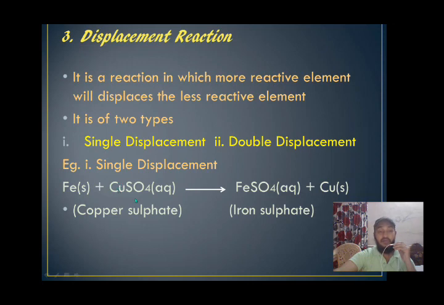It removes copper from here. On treatment with copper sulfate it gives FeSO4, iron sulfate, and copper is displaced. As you already know, a more reactive element displaces a less reactive element. So here iron displaces copper.